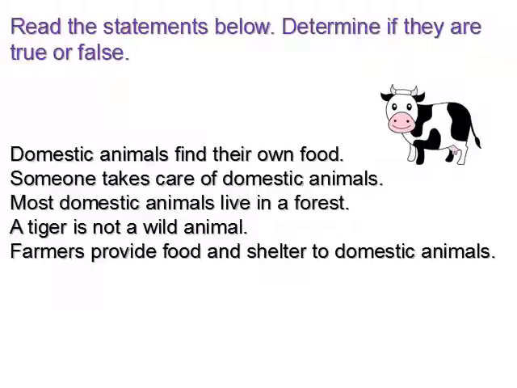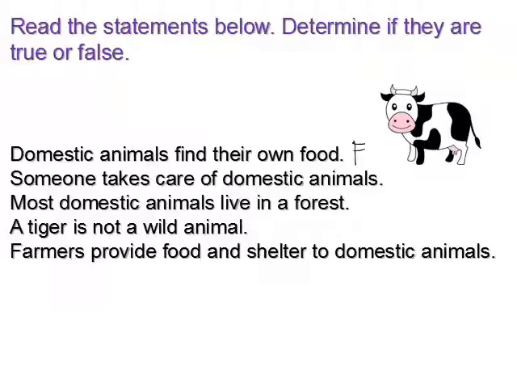Read the statements below. Determine if they are true or false. So let me hear Ali. Please read the first one. Domestic animals find their own water and food. Is this true or false? False. Because who helps them? Farmers or people. Okay, the next one because they're not numbered.